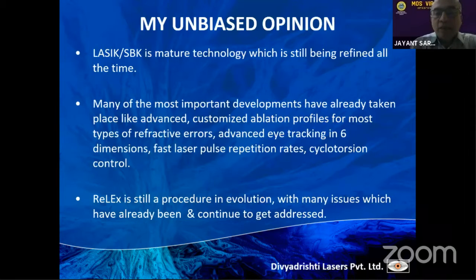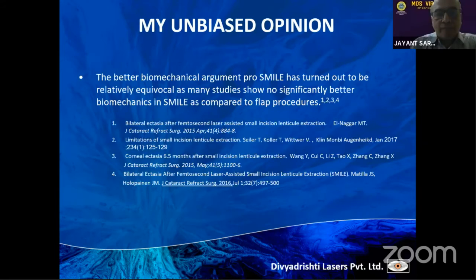So ReLEx is still a procedure in evolution, with many issues which have been addressed and continue to be addressed. The better biomechanical stability argument in favor of SMILE has also turned out to be relatively equivocal, as many studies show no significantly better biomechanics in SMILE compared to flap procedures.